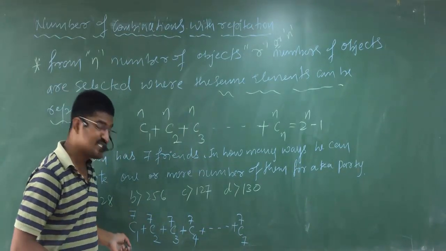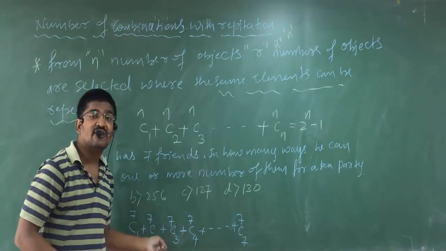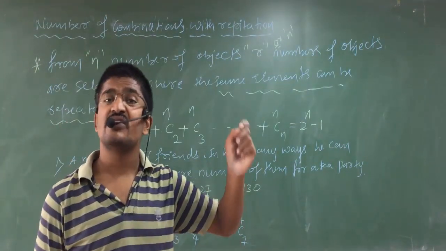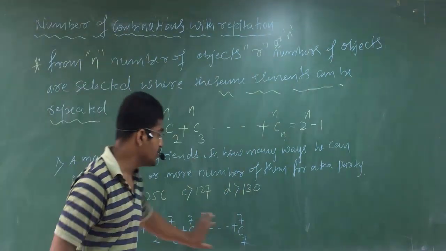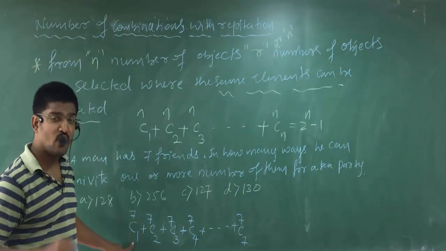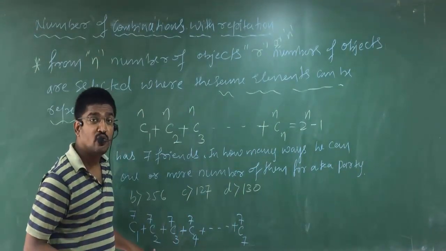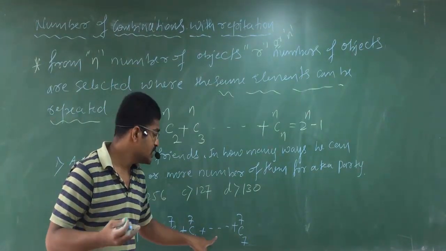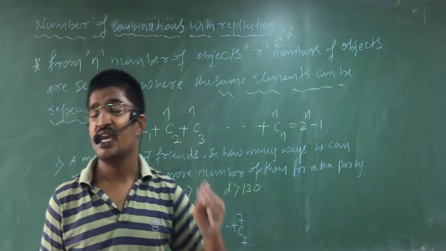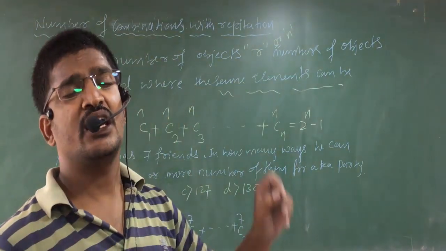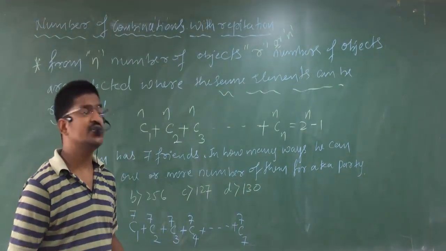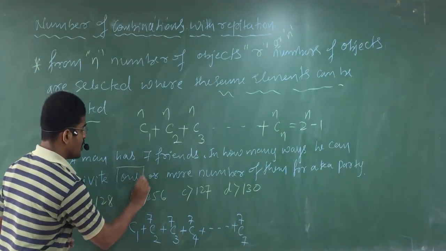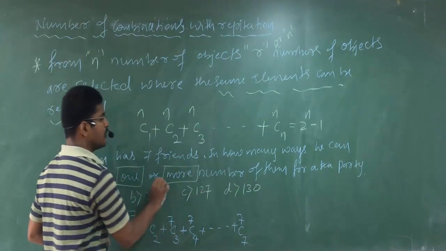First you calculate 7C1, 7C2, 7C3, 7C4, 7C5, 7C6, 7C7, and you sum all those. See, he can invite 1 friend, 2 friends, 3 friends, 4 friends, 5 friends, 6 friends, he can invite all 7 friends to his tea party, because what they are asking is 1 or more.